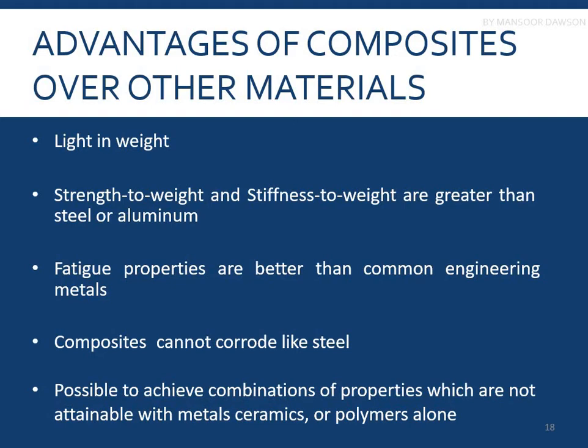Composites do not corrode like steel, they are highly corrosion resistant, and it is possible to achieve combinations of properties which are not attainable with metals, ceramics, or polymers alone. Alright. So we can achieve an intermediate property of metal and ceramic, or metal and polymer, or polymer and ceramic, whatever we want.